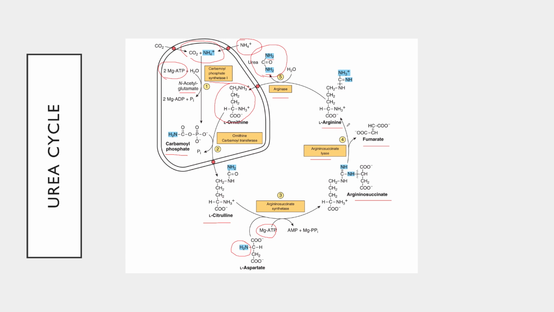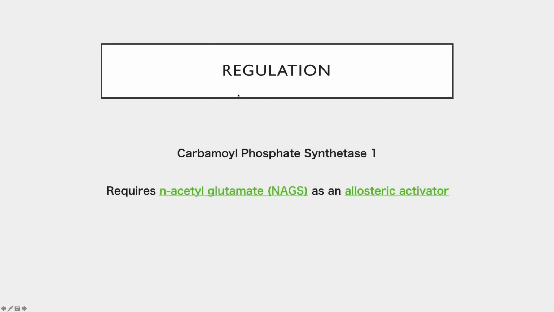So as arginine is an intermediate of the urea cycle, as it elevates, it will also stimulate the production of our allosteric activator. Therefore, the cycle provides positive feedback on itself. Again, here the regulation of carbamyl phosphate synthetase is our most important point, and it requires N-acetylglutamate as an allosteric activator.